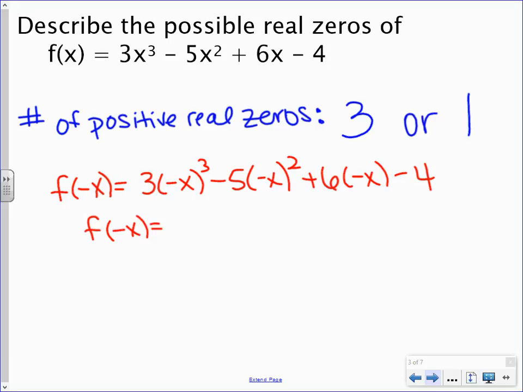Okay, what happens when we take negative x and we cube it? Negative x cubed. So we have negative 3x cubed. What happens when we take negative x and we square it? Positive. And so this stays as minus 5x squared. 6 times negative x, it's minus 6x, and then minus 4.